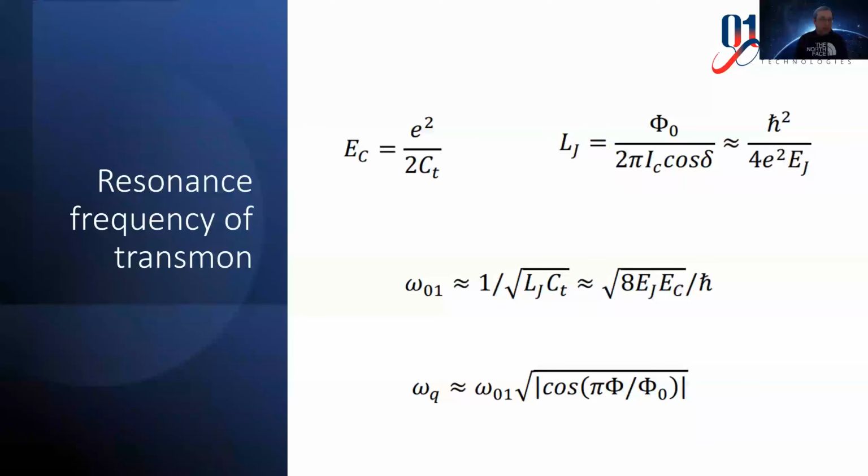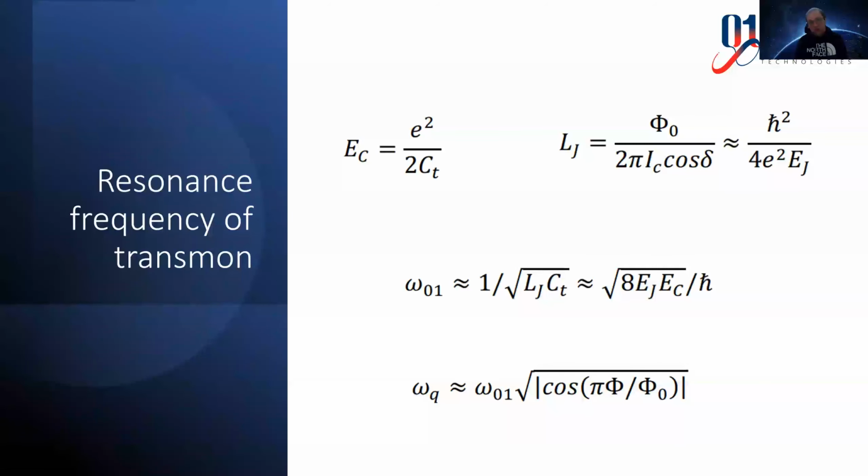Okay, the charging energy is given here, and you see that EC, the charging energy, is the electron charge squared divided by 2 times the capacitance of the transmon qubit. For the transition frequency of the qubit, we obtain a familiar formula for the resonance frequency of a parallel LC circuit.